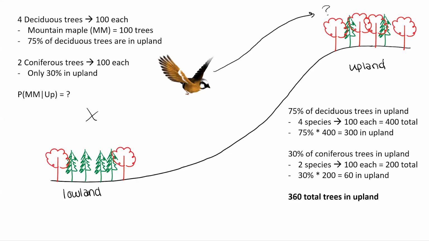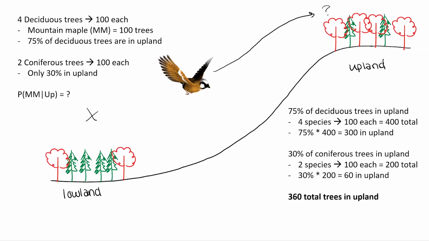Compared to what if I said, what's the probability that a bird lands on a mountain maple and in the upland? Not given, but and lands in the upland. Well, then 75% of the mountain maples are in upland.